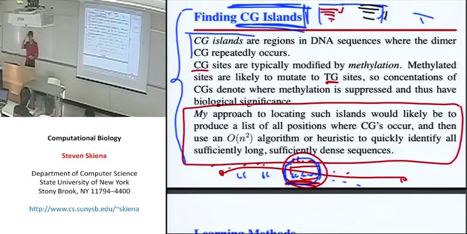One is, when somebody tells me that they have a thing called a CG island, there might be other properties of this thing, other than that it has a lot of CGs, that are also important. Does everybody agree with that? It's sort of like, if I were to look around the room, I could imagine fixating on some feature of people.